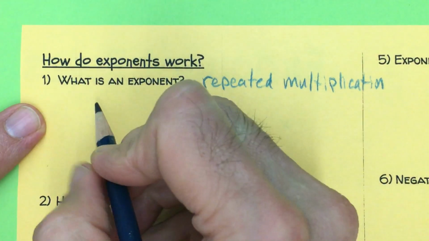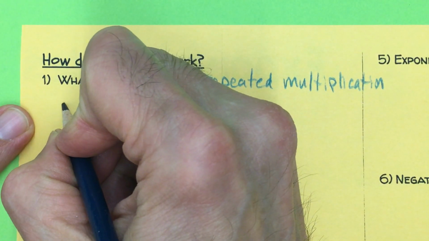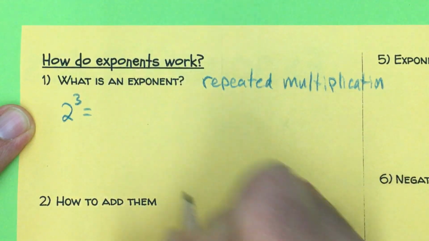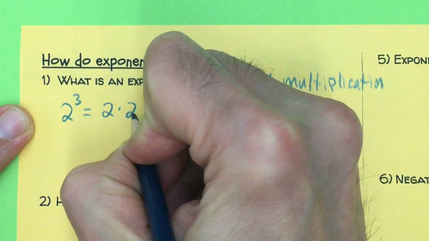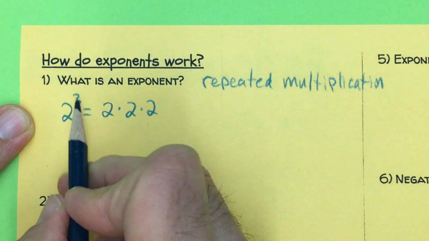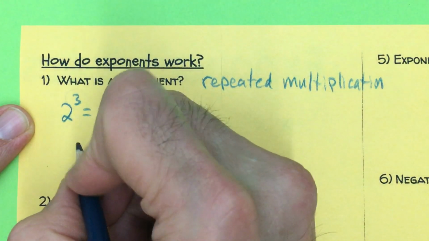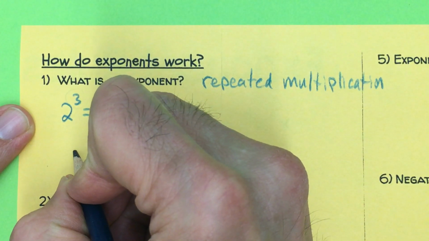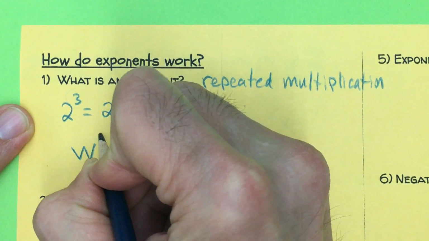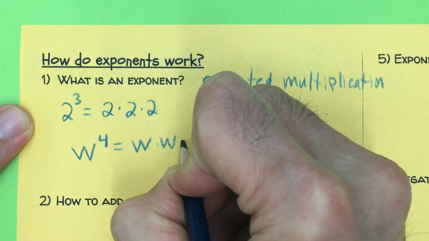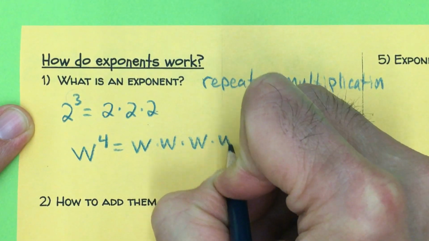Repeated multiplication, which means 2 to the third power, I'm going to go 2 times 2 times 2. I got 3 of these. That's my rule there. W to the fourth power means W, W, W, and W.